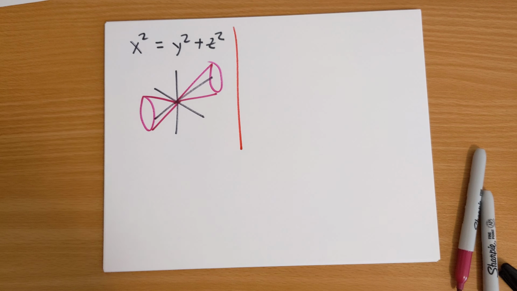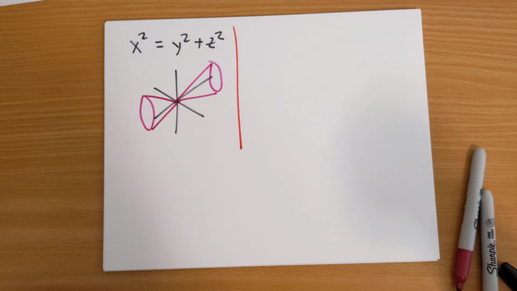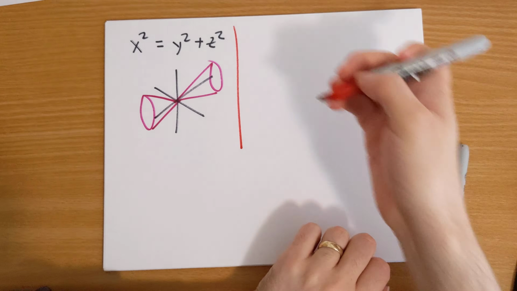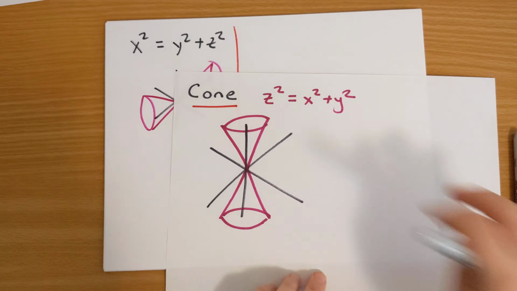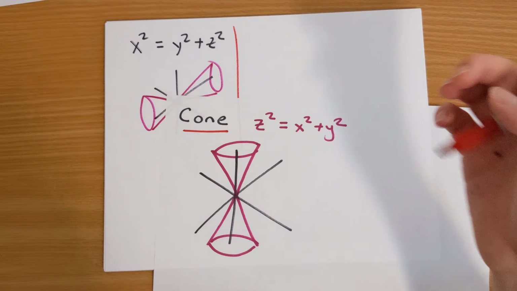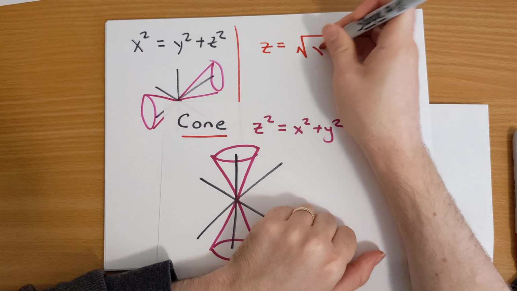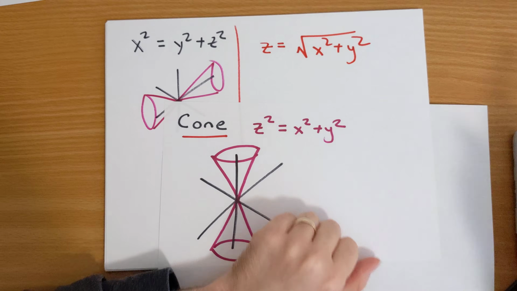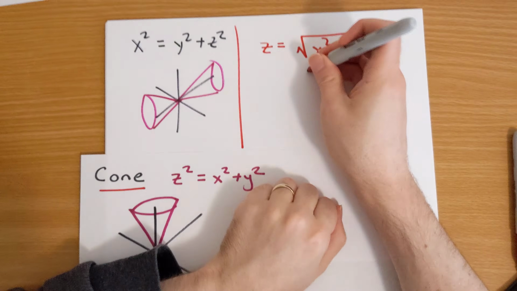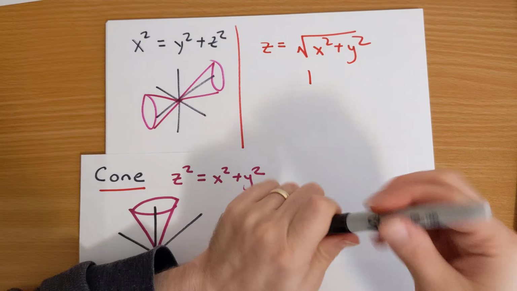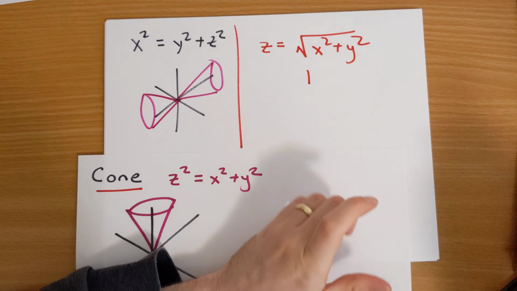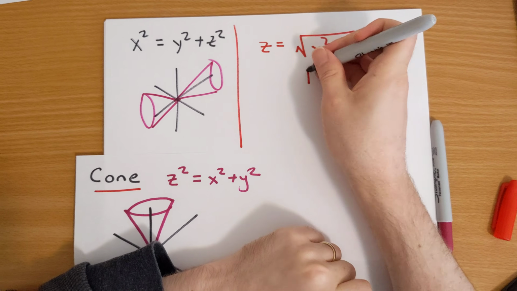Now, one little riff off of this cone, just because this will come up later in the course, is that sometimes you might take the square root of both sides here and just end up with z is equal to the square root of x squared plus y squared. This is a cone, but it is going to be just a single cone.